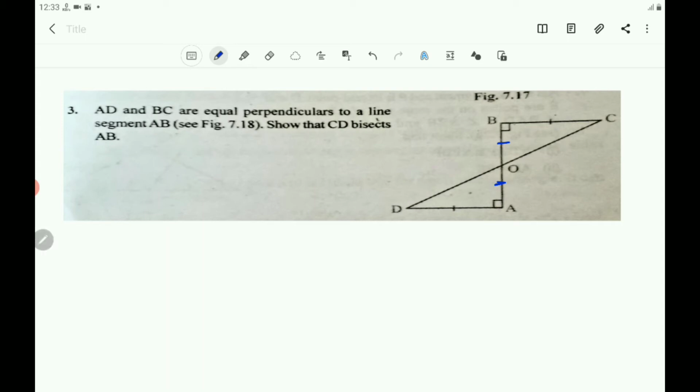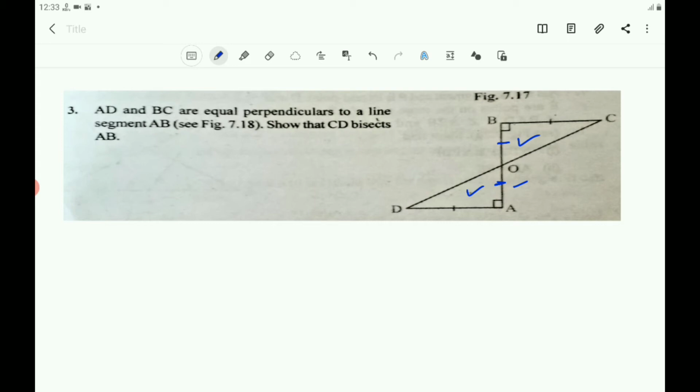To prove BO is equal to OA, we have to take these two triangles, triangle OBC and triangle OAD, and prove that they are congruent. By using any one of the congruence rules, we prove the two triangles are congruent.